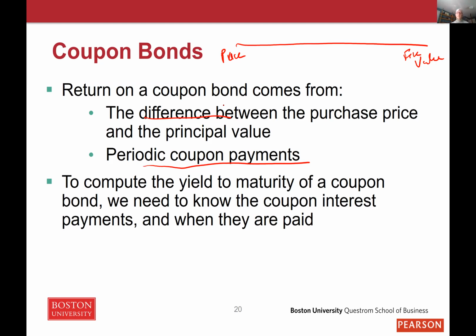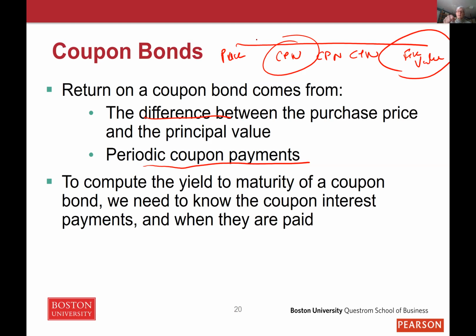So in order to compute the yield to maturity of a coupon bond, we need to know the face value, and we also need to know the coupon payments. The way this all maps into what you've been doing is that those coupon payments are payments on an annuity, and the face value is the future value.